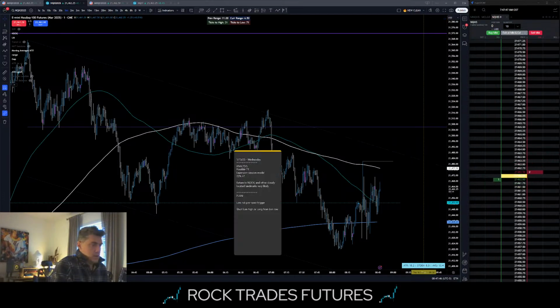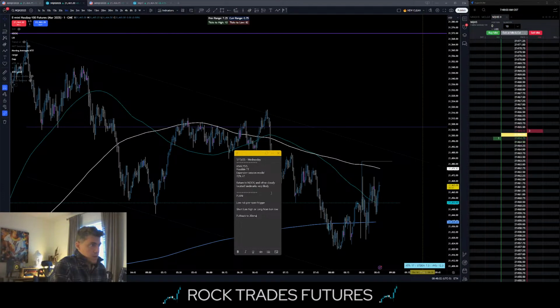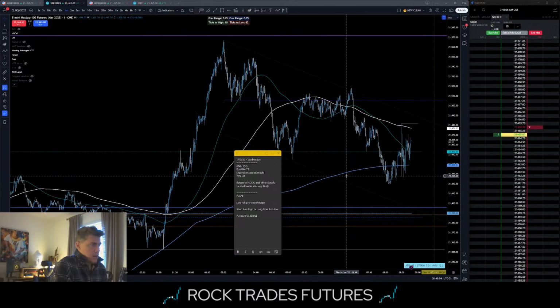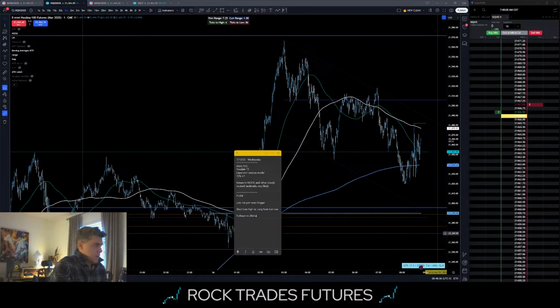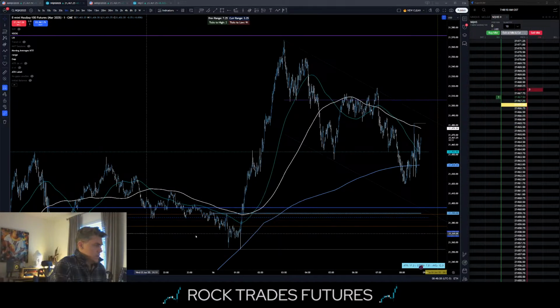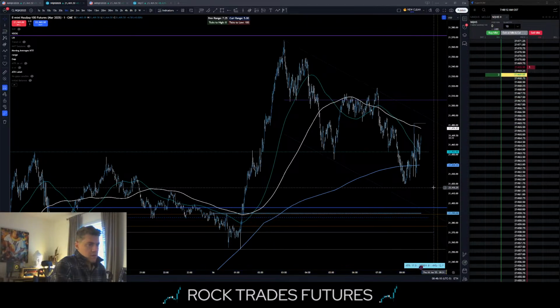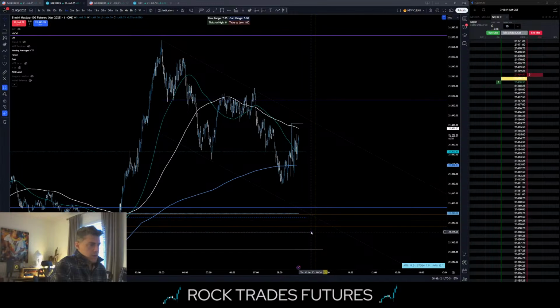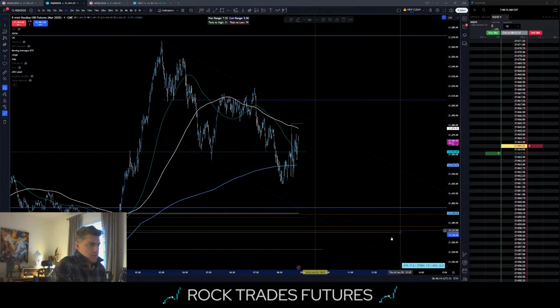All right. Other game plan, other high probabilities will be pull back to 20 SMA. This level here, just below.